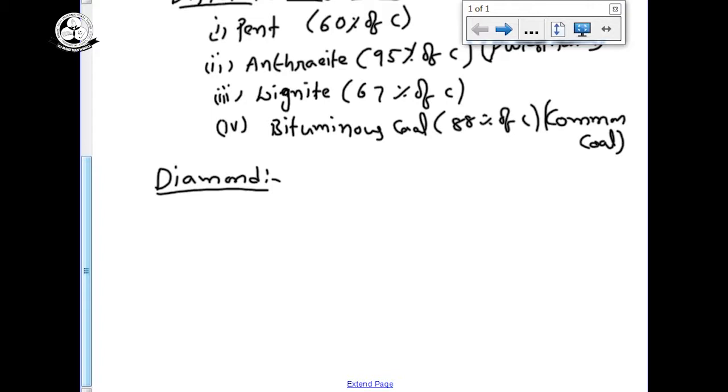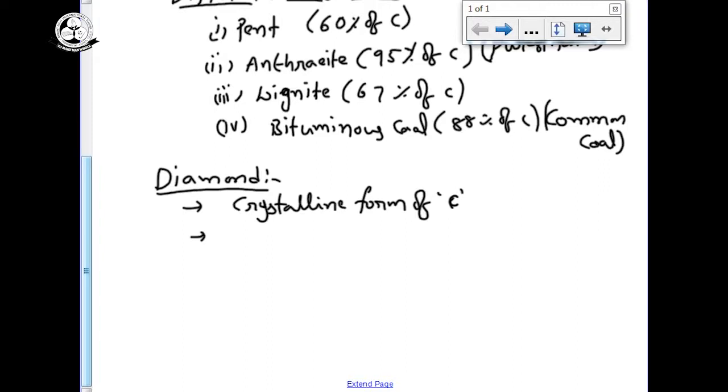Diamond, graphite and fullerene all contain carbon only. Diamond is one of the crystalline forms of carbon.